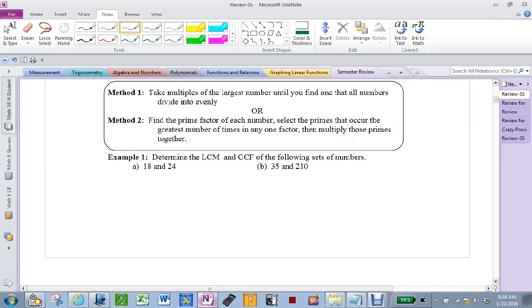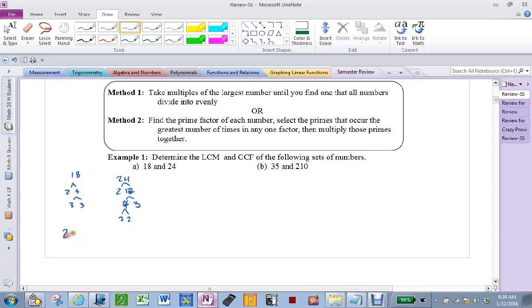So, find the factors, use those primes. 18: 2, 9, 3, 3. 24: 2, 12, 2, 6, 2, 3. What do you have there?